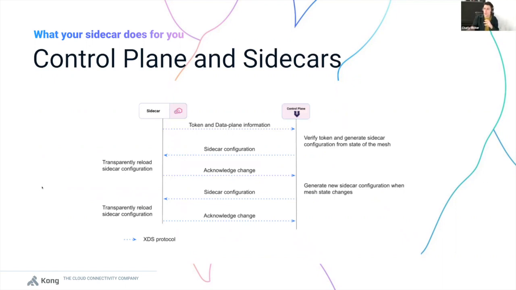So what do control plane and sidecars do together? When your sidecar actually starts, it will connect to the control plane. It will send to this control plane a token and some metadata about the actual instance running. The token, in the case of Kubernetes, happens to be the service account. The control plane will verify this token and generate the sidecar configuration that matches the state of the mesh. So what is the state of the mesh? The state of the mesh is the different policies that apply to your instance.